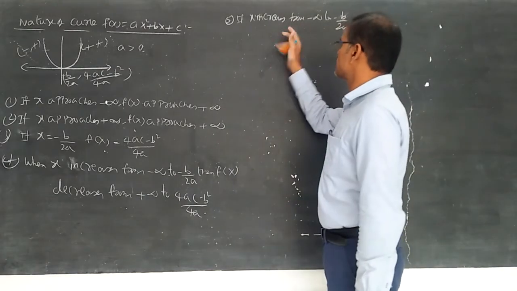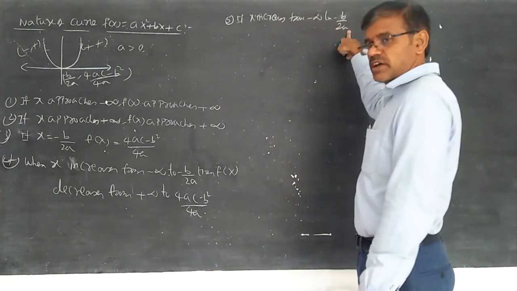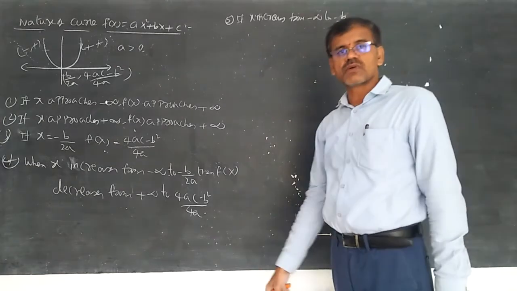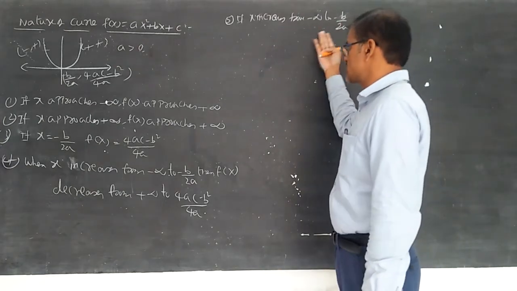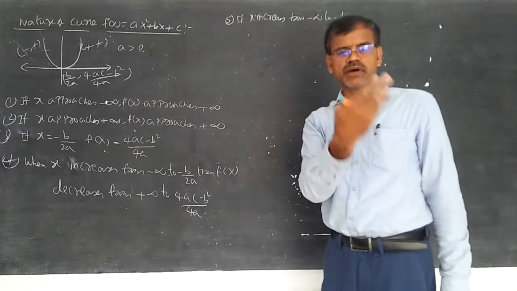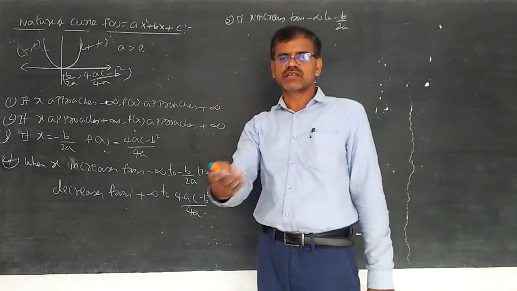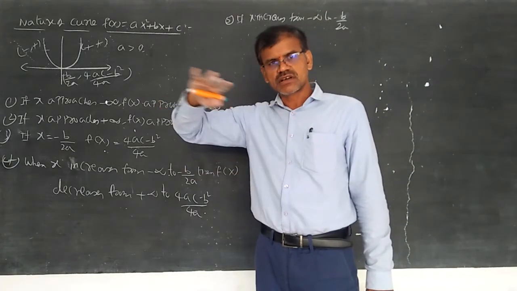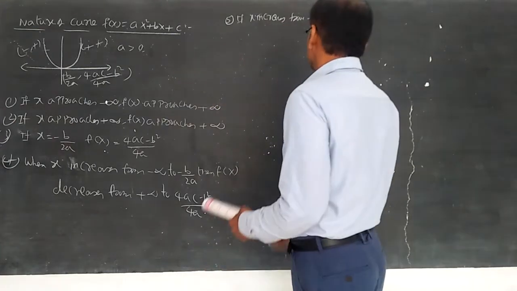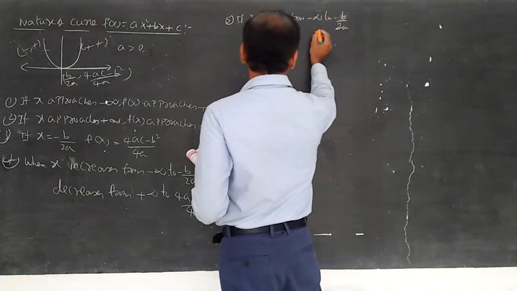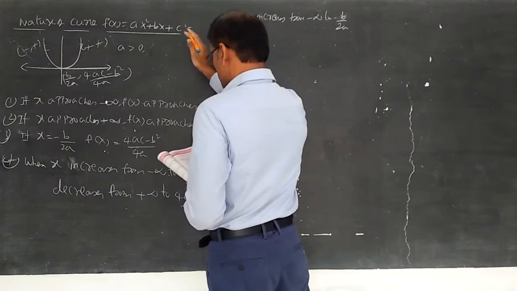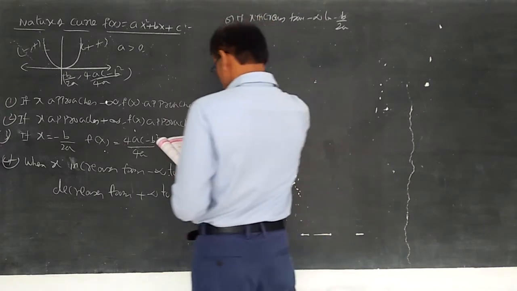For example, this is minus 10 and this is minus 2. Minus 10 is so much smaller than minus 2. So whenever minus 10, next step, it is going to be minus 9, minus 8, minus 7, like that. So it is called the increasing way. If x increases from minus infinity to minus b by 2a, so plus side I want to discuss with you.